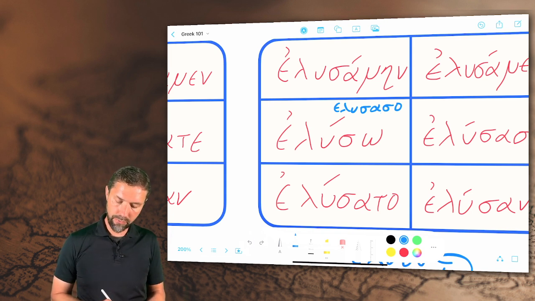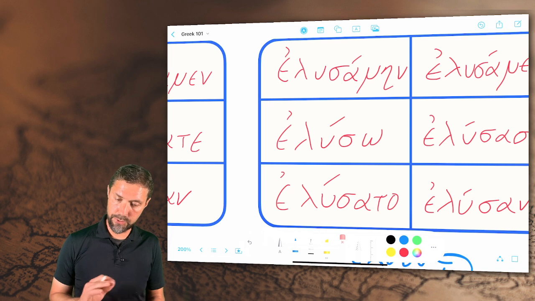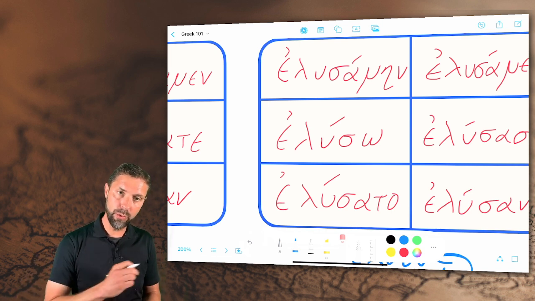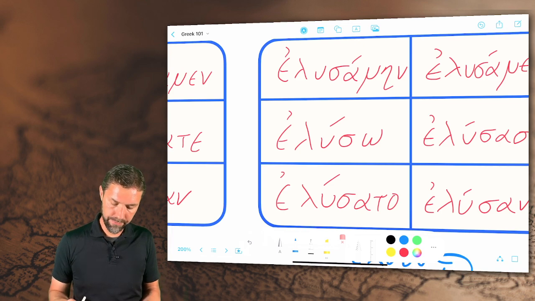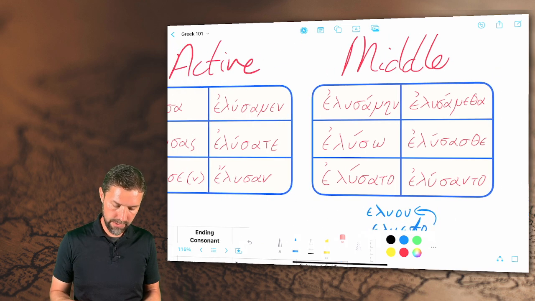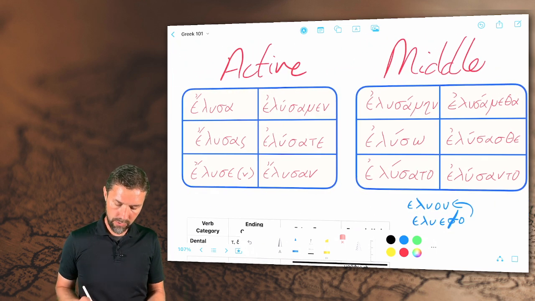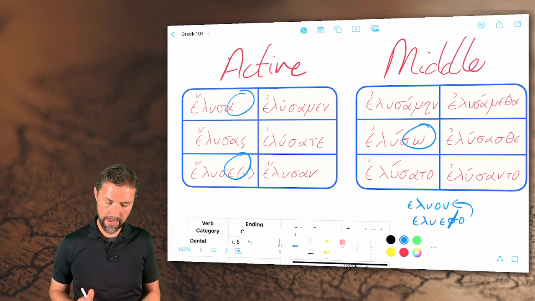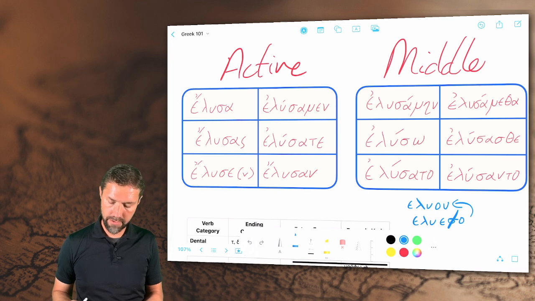Whether that rule helps you or not is immaterial. If you want to just memorize elu so here versus elu u in the imperfect, that'll work. And from there, everything else is regular. Essentially, again, reviewing it, you'll need to memorize an irregularity here, here, and here. Everything else follows the pattern fine.